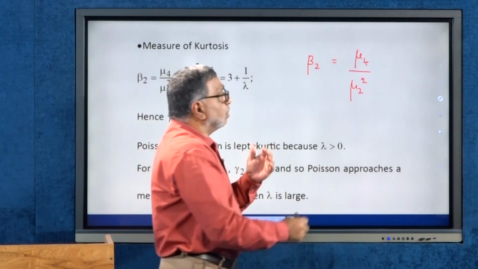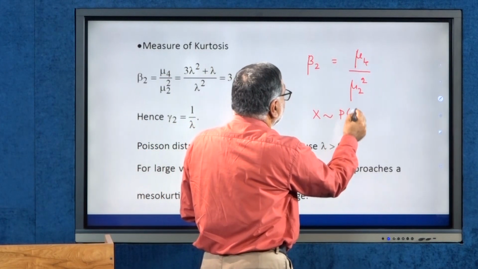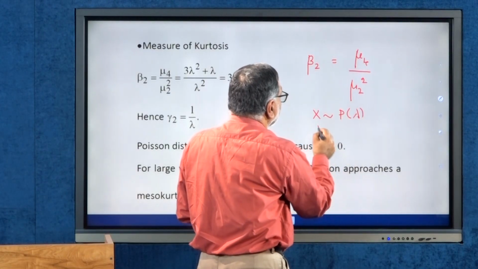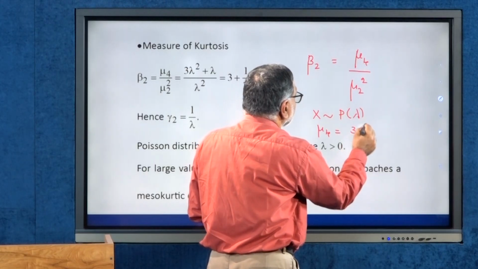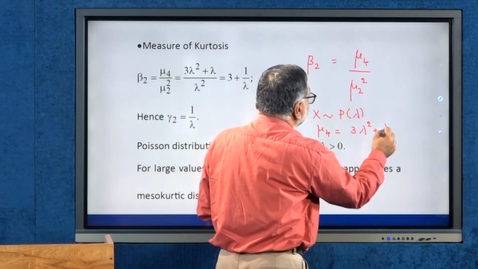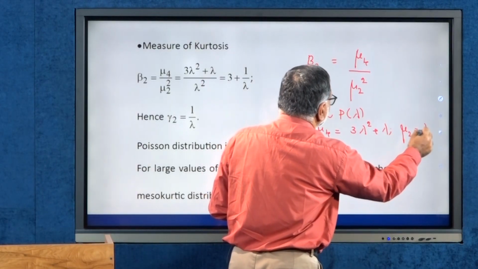And already, for a Poisson random variable, we derived the value of mu 4 earlier as 3 lambda square plus lambda. This is our fourth central moment, and of course, the second central moment is equal to lambda.